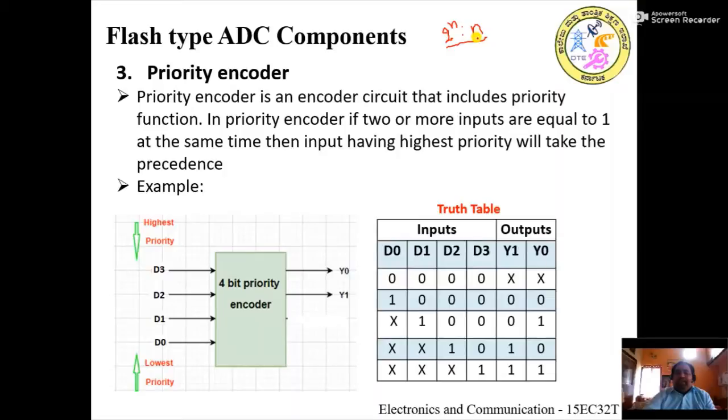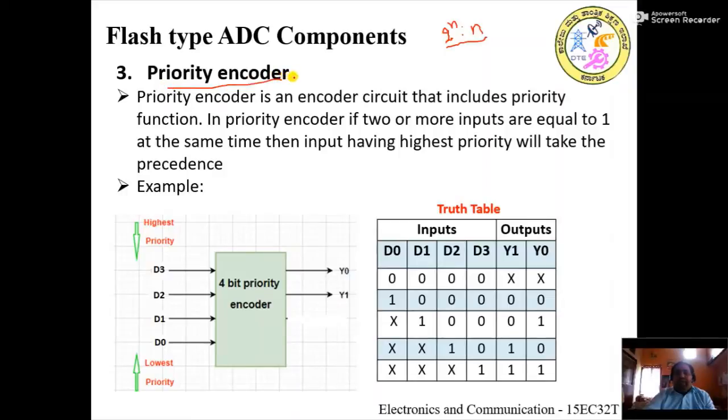But there are some scenarios where more than one input can be at logic high or active high state. In such a case, the normal standard encoder may not give the correct output. In such a case, what we have to use is the priority encoder.